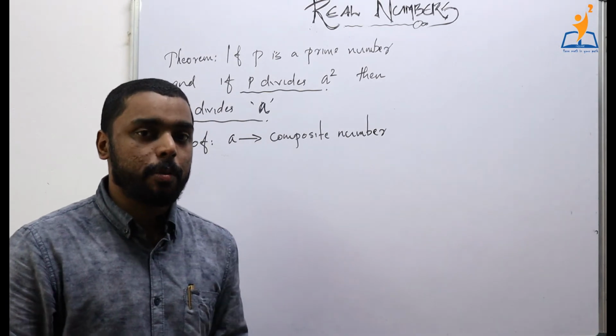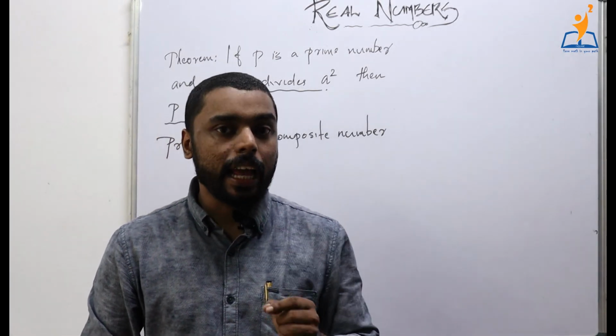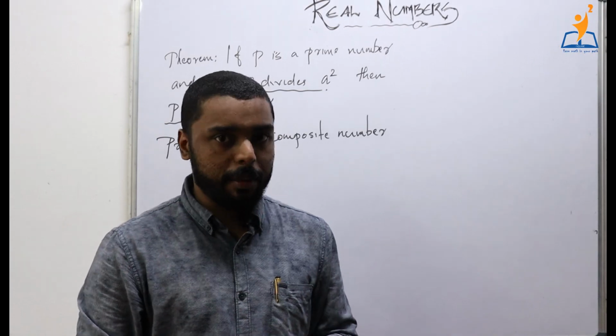By the fundamental theorem of arithmetic, we know that a can be represented as the product of prime numbers, right?